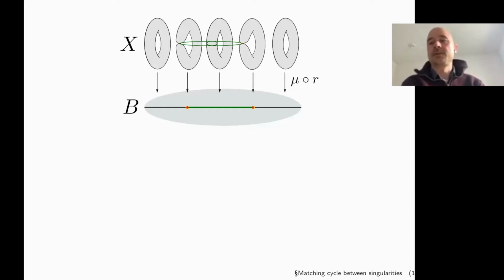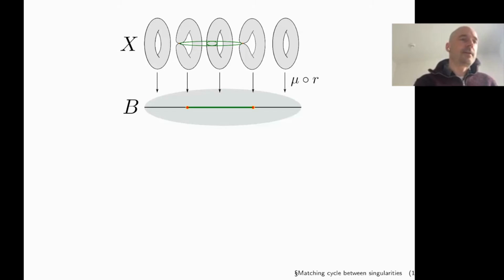And the green edge connects 2 singularities. So this is called a matching cycle. Basically, if you're familiar with vanishing cycles, I've taken 2 thimbles and glued them into a sphere, for the vanishing cycles at the single points. So that's useful because I can now construct cycles in my space, singular homology cycles.